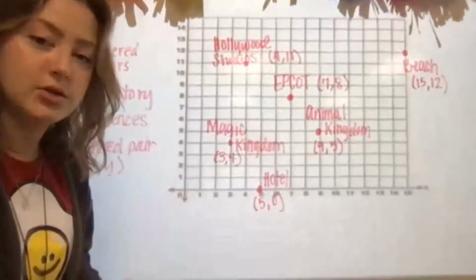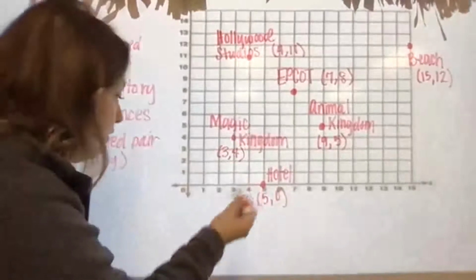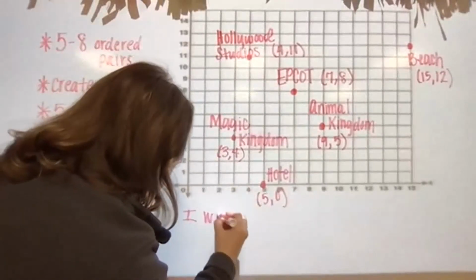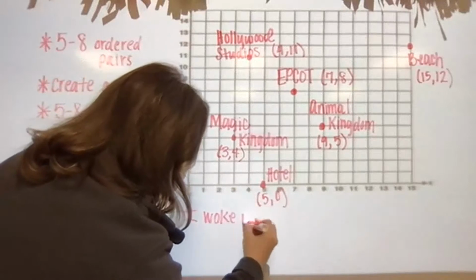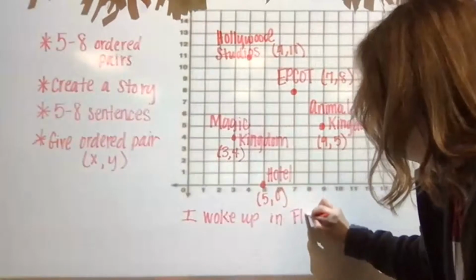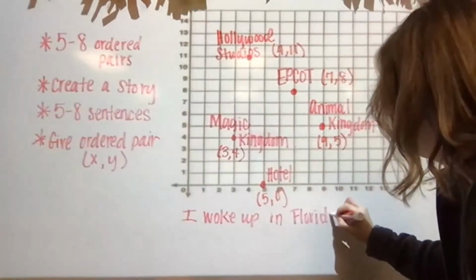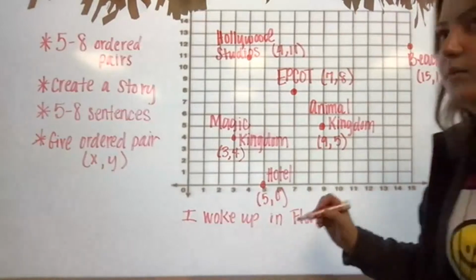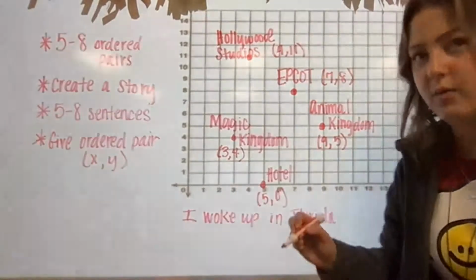So let's kind of tilt it just a little bit. So my first sentence was, I woke up in Florida. Darn, I just forgot what my sentence was.